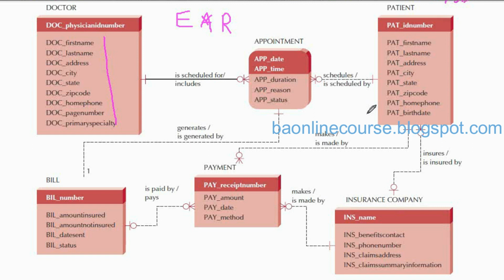Okay. So what you're doing is you're capturing the entities first, right? So you're deriving the entities from the requirement. Then you're also identifying the attributes for each of those entities that you need to store, right? And then the next step of the ER diagram is you're basically defining the relationships between these various entities, right?